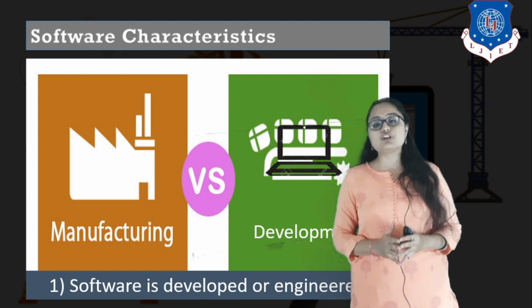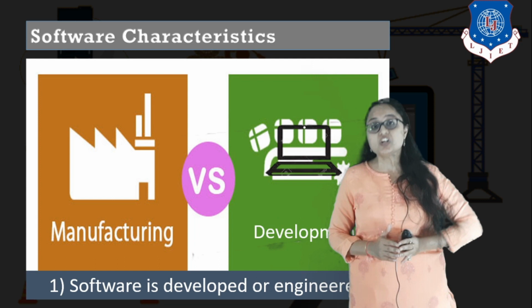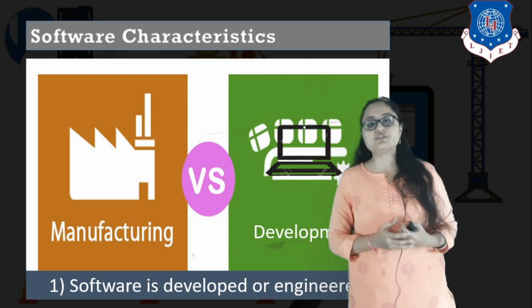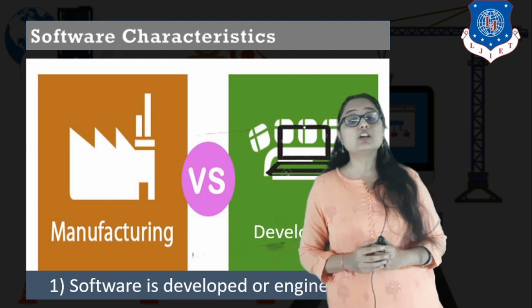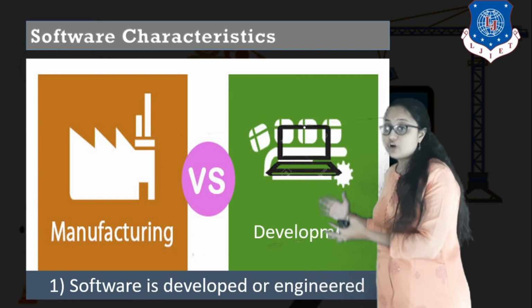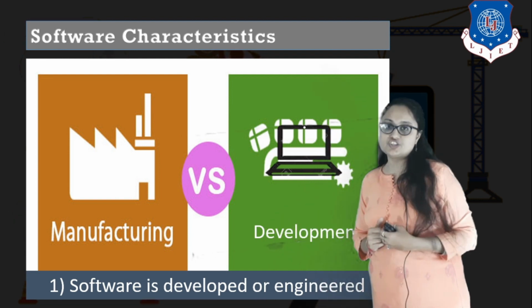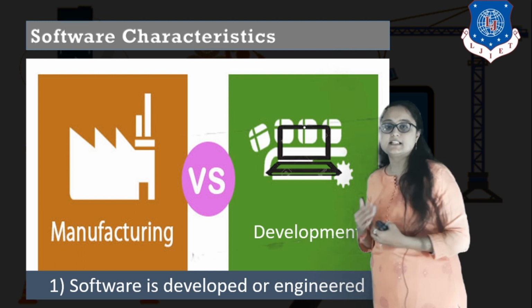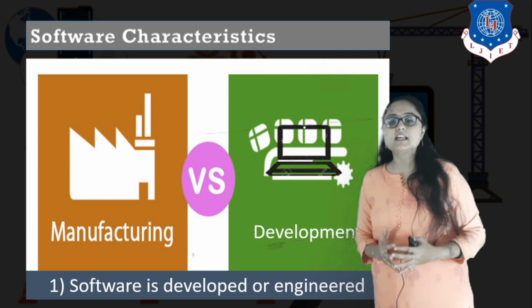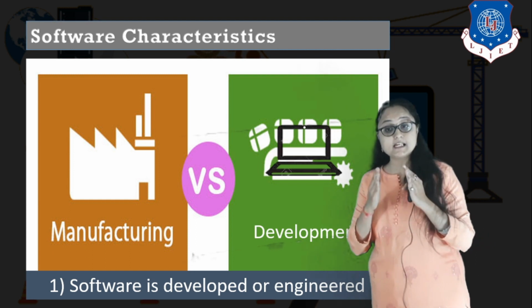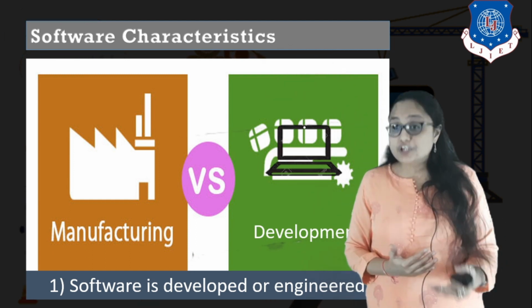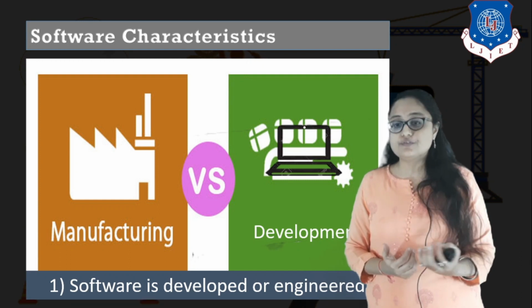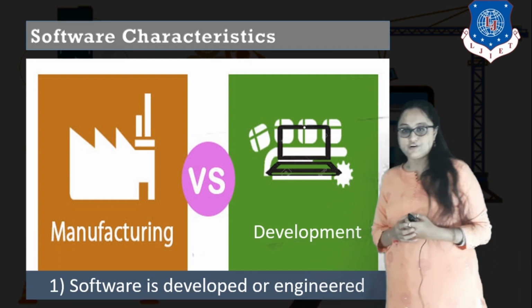Whenever you are referring to hardware manufactured in a factory, you use the term manufacturing, whereas for software, instead of manufacturing, the term you use is development, which is a prescribed, ever adaptive process that you use for engineering a software, right?